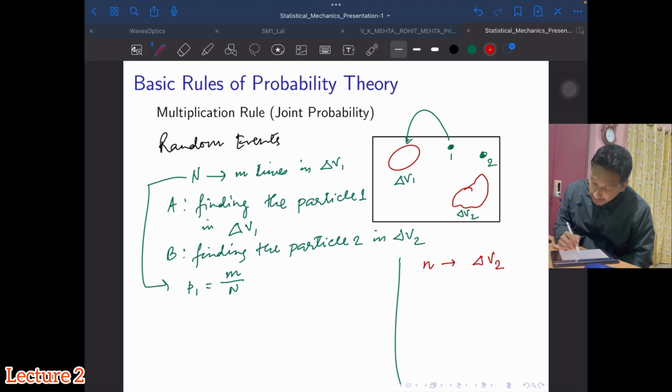Irrespective of that event, particle 2 can be in the delta V2 region or not. So these two events are independent of each other. The occurrence of one event is not affecting the occurrence of the other event.